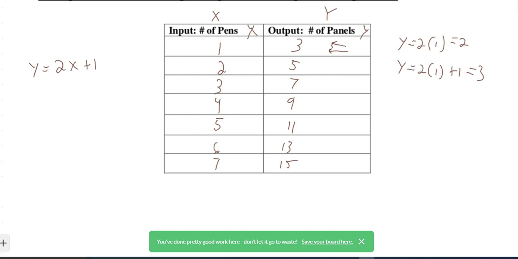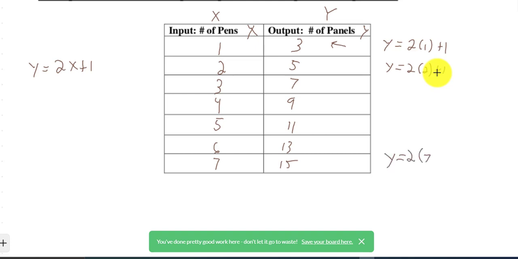So let me clean this up and start again. I think the rule should be y equals 2x plus 1 because we're increasing by 2, but for the first one we needed 3. So if I write y equals 2 times 1 plus 1, or y equals 2 times 2 plus 1, all the way down here, y equals 2 times 7 plus 1.